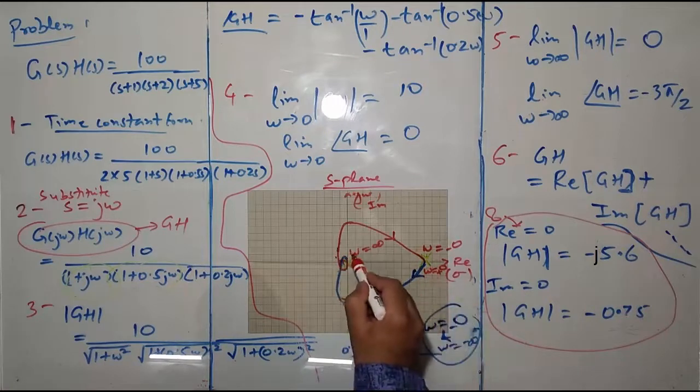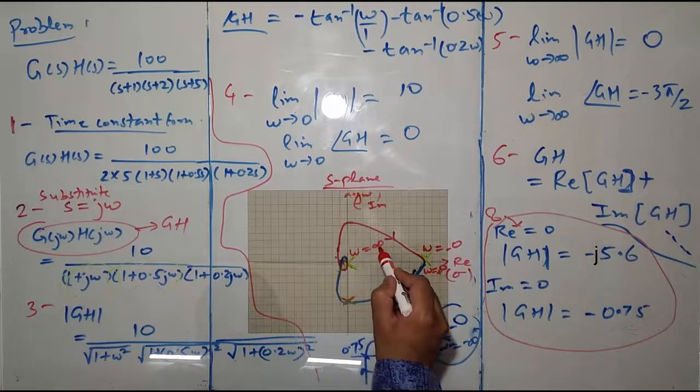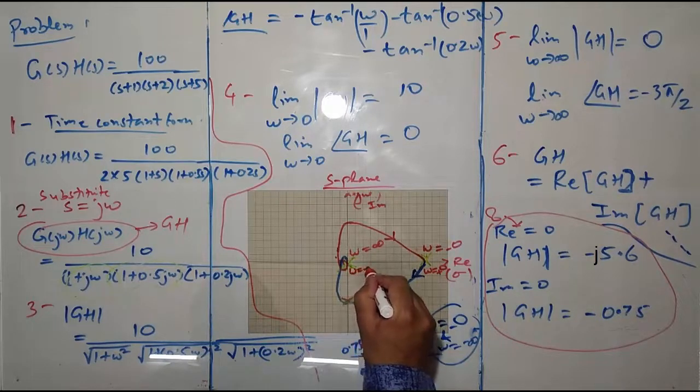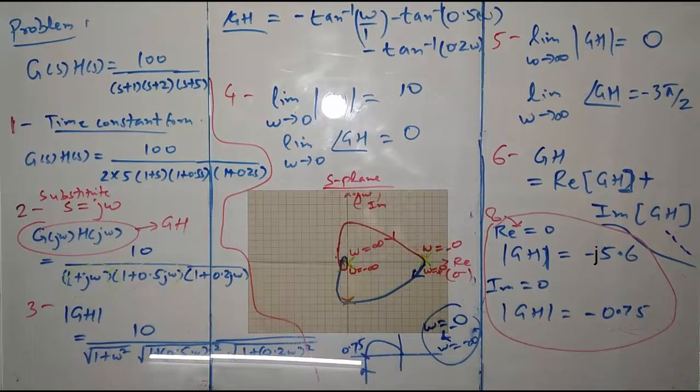For the polar plot, the last point corresponds to omega plus infinity, and this point, while taking the mirror image on the negative side drawn downwards, the first point will correspond to omega equal to minus infinity.